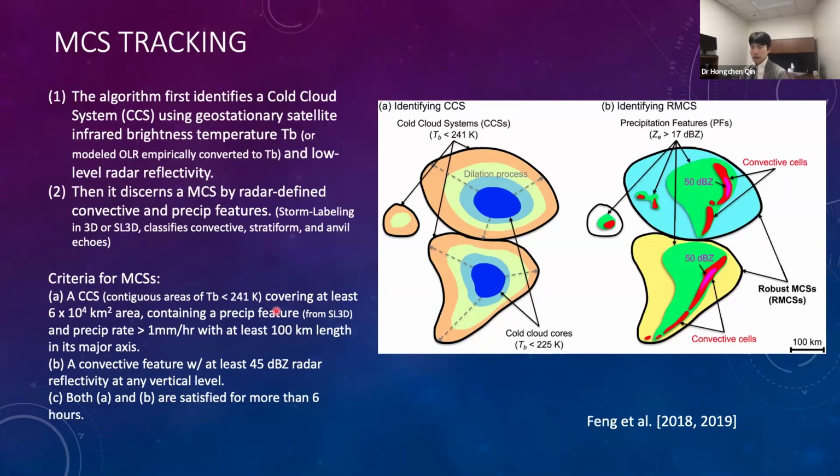The criteria for MCS: number one, the CCS covers at least 6 times 10 to the 4th square kilometers in area, with a continuous precipitation feature and precipitation rate greater than 1 millimeter per hour, with at least 100 kilometers length in its major axis. Number two, a convective feature with at least 45 dBZ radar reflectivity at any vertical level. Number three, the previous two criteria have to be satisfied for more than 6 hours.